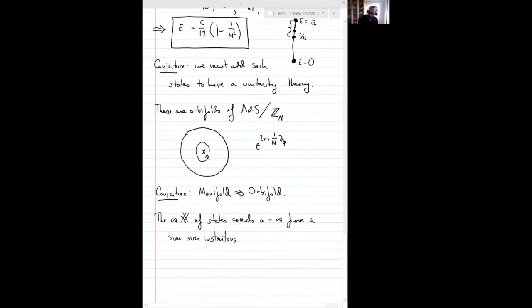There is one plus infinity that gets canceled with a minus infinity in such a way that you get a finite answer. This is a kind of remarkable situation where you have an infinite number of possible saddle points contributing to a path integral, and they are conspiring in such a way as to give us a finite answer. I take this as at least some indication that we might be on the right track here.